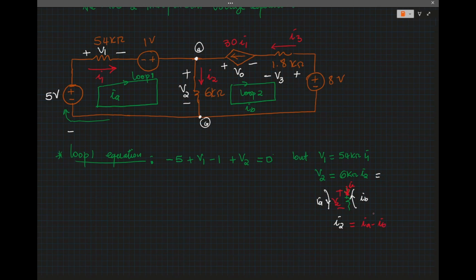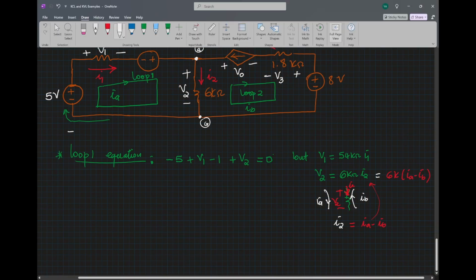So when we substitute that in there, 6K times (IA minus IB). Remember, the voltage equations are going to be in terms of the loop currents, so that's IA and IB. That's why I'm substituting that in there.